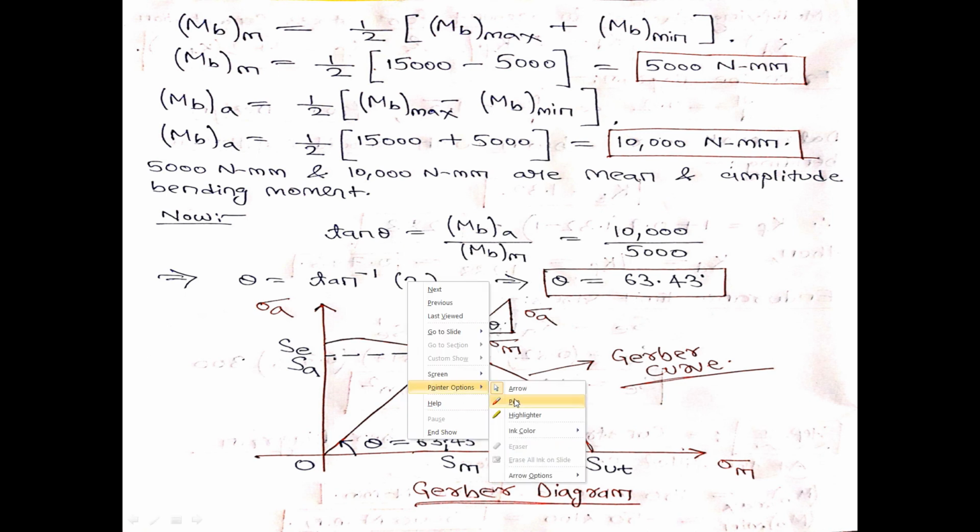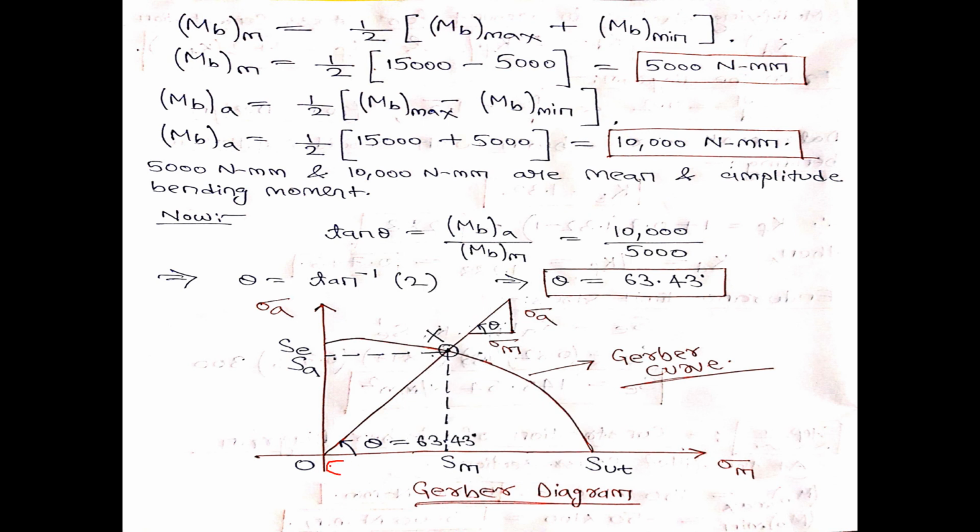On the X axis, which is sigma m, that value is nothing but Sm. And on the Y axis, which is sigma a, that value is nothing but Sa. Did you understand this?